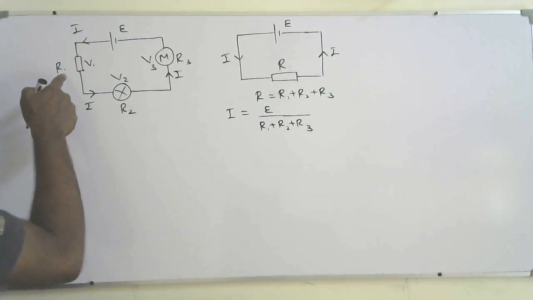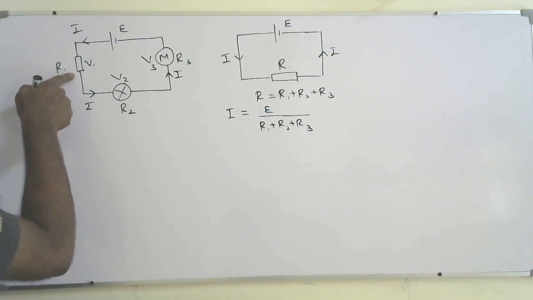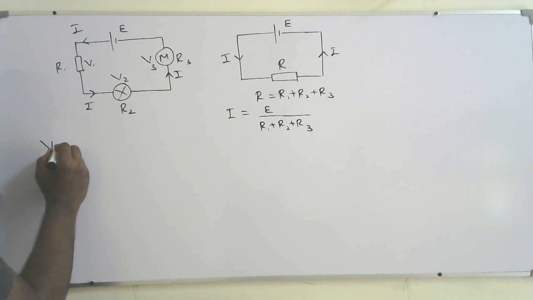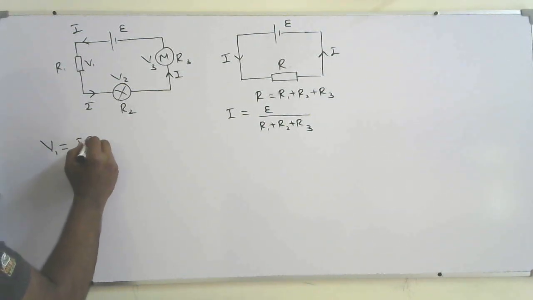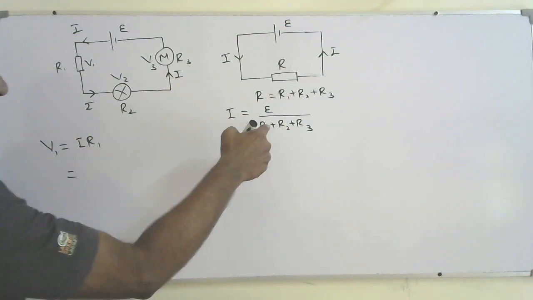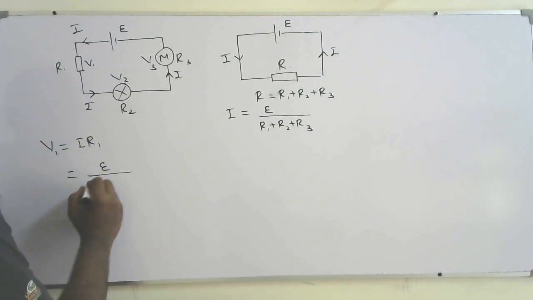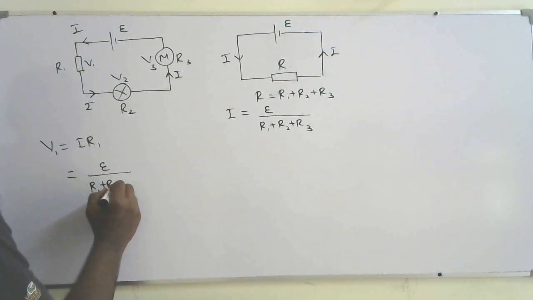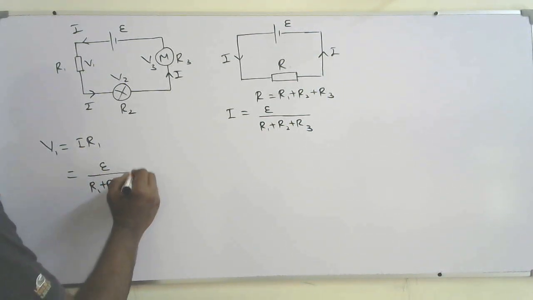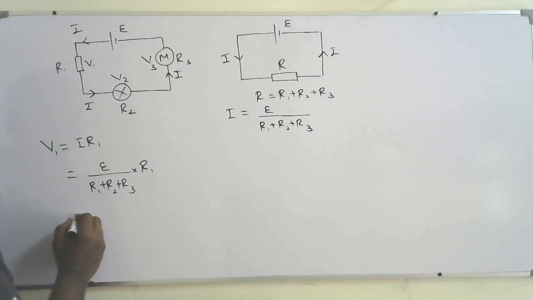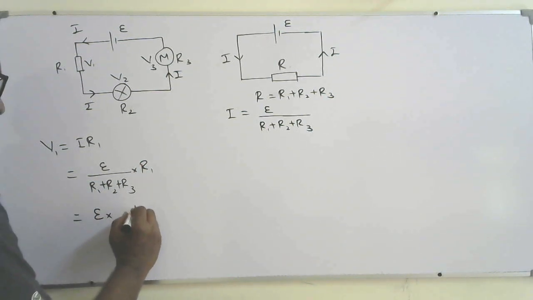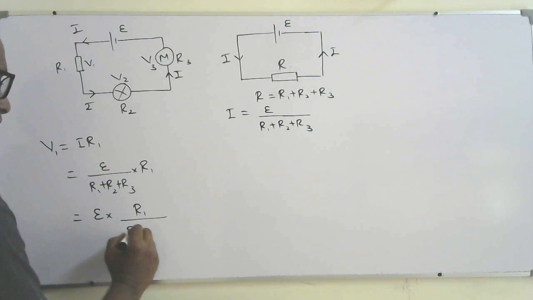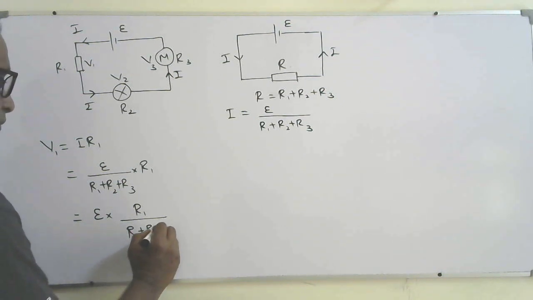So the voltage across the resistor, V1, is given by V1 is equal to I R1. Instead of I, I can use EMF over R1 plus R2 plus R3, times R1. I can write this as EMF times R1 over R1 plus R2 plus R3.